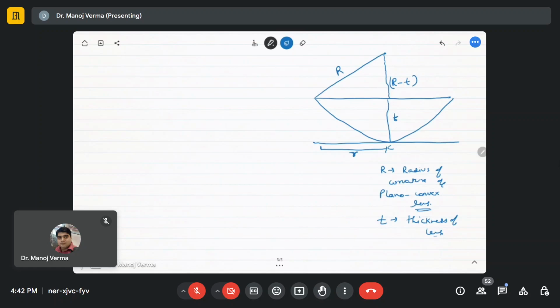This total is also a radius, so this total radius capital R minus this thickness t will be capital R minus t. This distance will be R minus t.